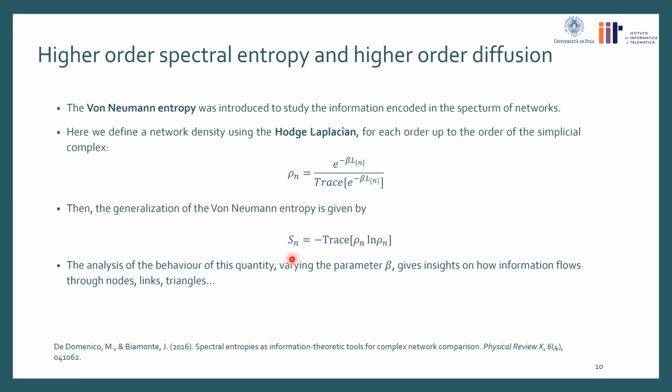At each order, so nodes, edges, triangles, and so on, you can compute this quantity, and if the Laplacian is normalized, you are also allowed to compare this quantity at different levels of connectivity.